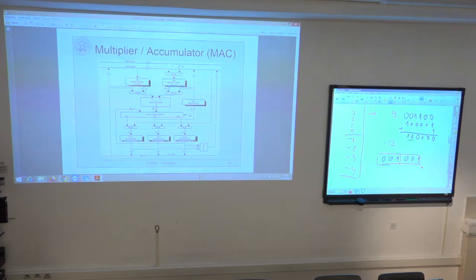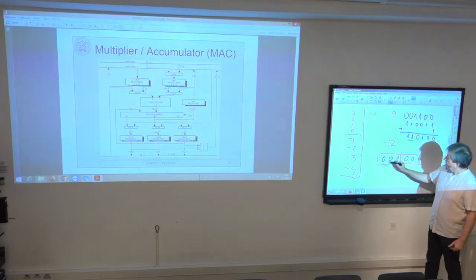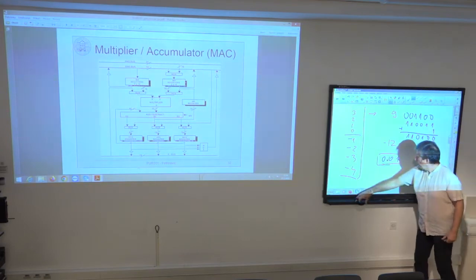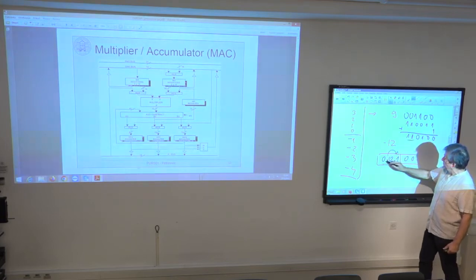And if I want to operate in the fractional mode, this is annoying because otherwise I would have to left shift the result by one position to have the decimal point exactly here. This would be, sorry, not here, but here. So I want to move the position of the decimal point from here to here.